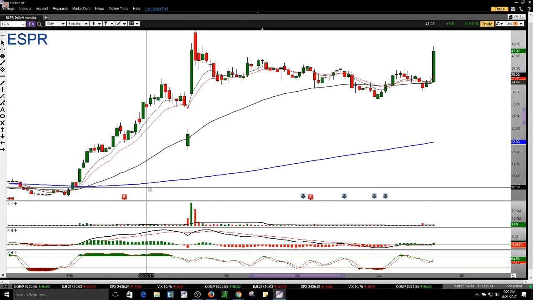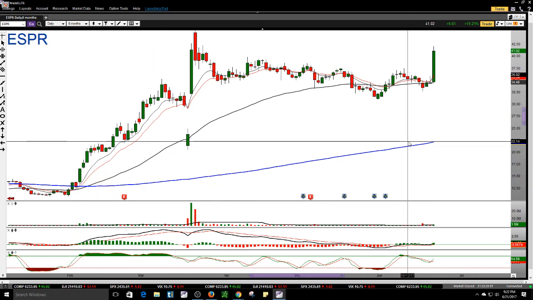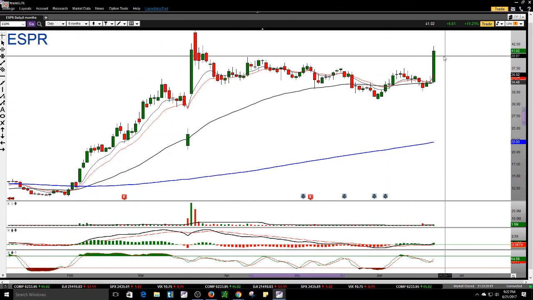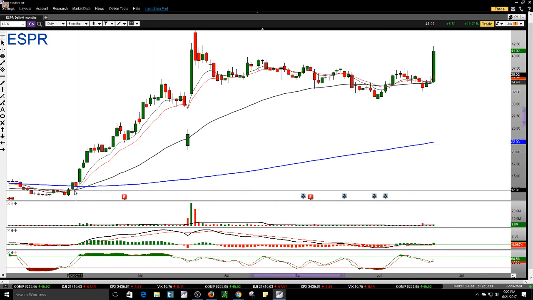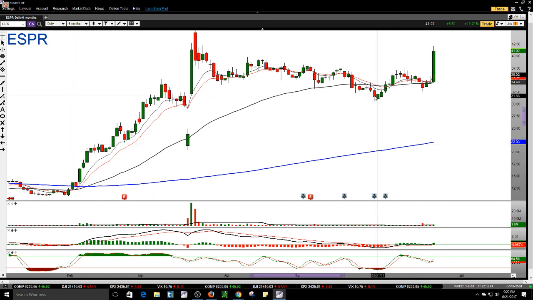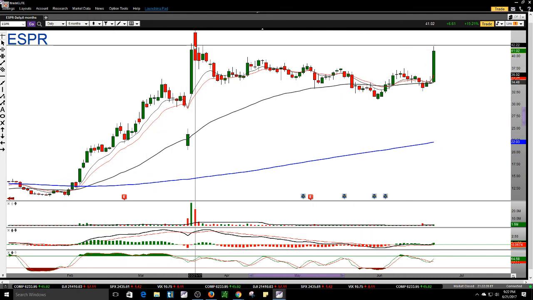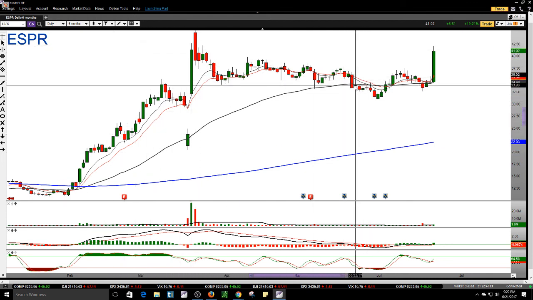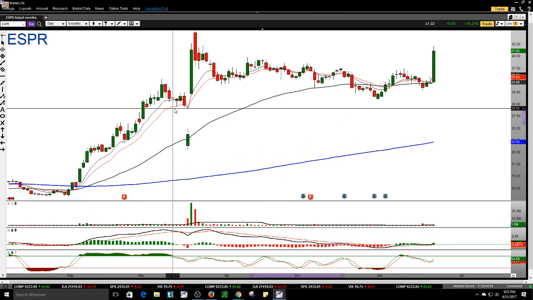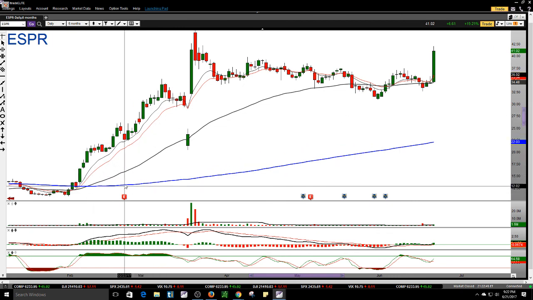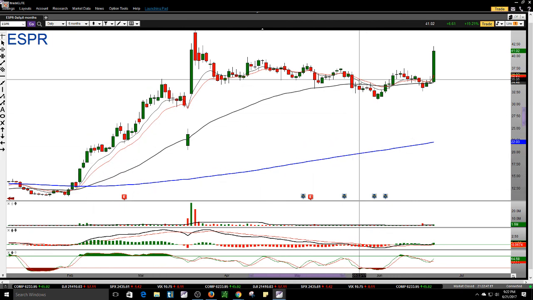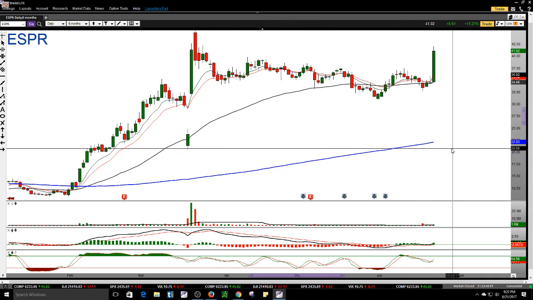If you're using the 200 SMA as your strategy, you'd probably still be in the trade. If you're using a 50 EMA, you would have gotten stopped out about here. So the trade would have made all this way up and then stopped you out here. You would have made more money than me at the 813, and you would still be in the trade if you were using the 200.